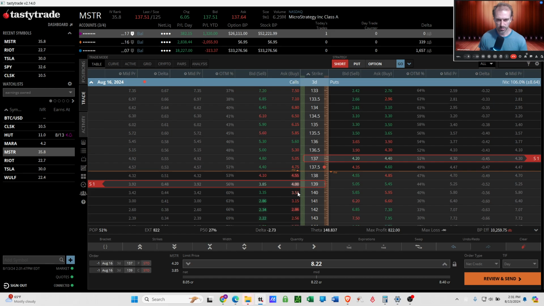So this naked put plus this naked call is a short strangle. You're making a super, super risky bet that the price of MicroStrategy stays in between them, which is 137 and 139. So in order to profit off of both of these completely, the price would only be able to go up or down basically $1 in either direction.